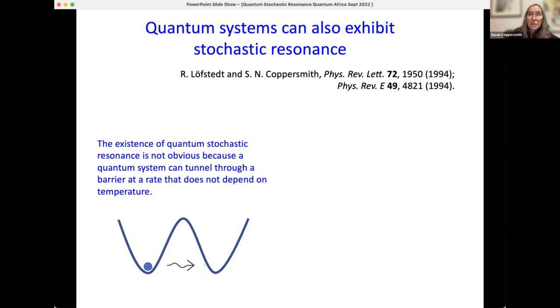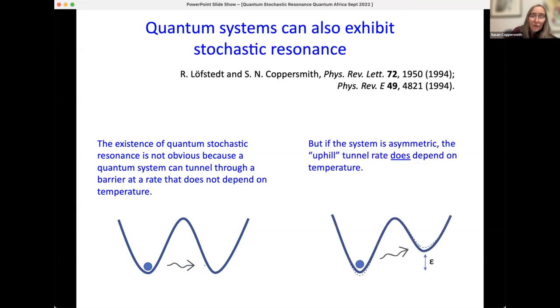Well, in a quantum system, there's quantum tunneling, and quantum tunneling can happen even at zero temperature. So at absolutely zero temperature, your system can tunnel. And so the picture I showed you just doesn't apply. Okay, but what we noticed was that's true if the system's completely symmetric.